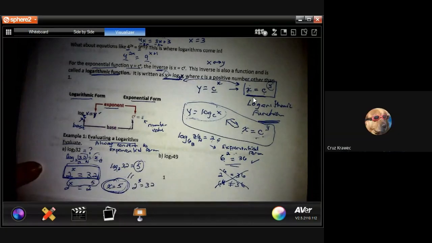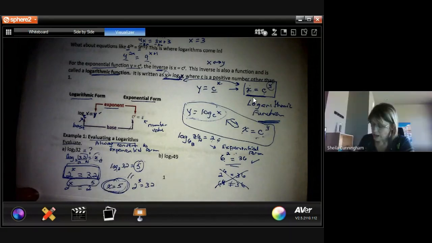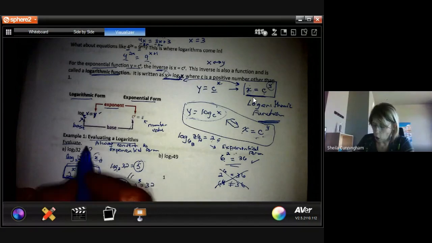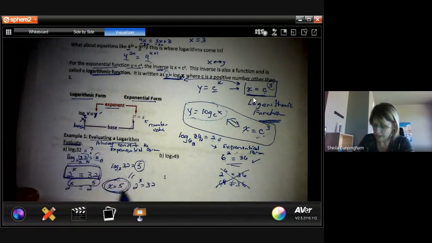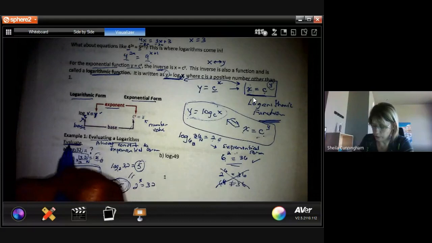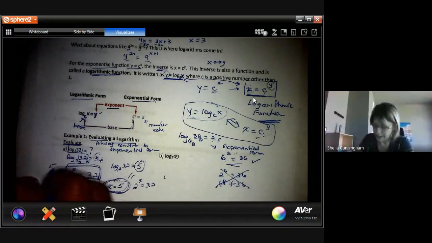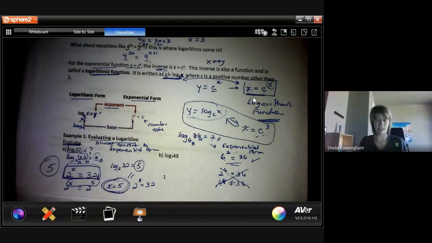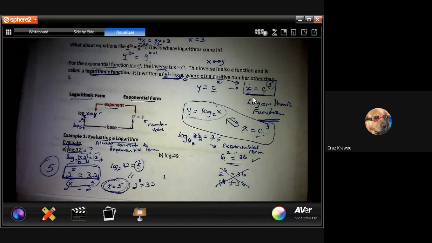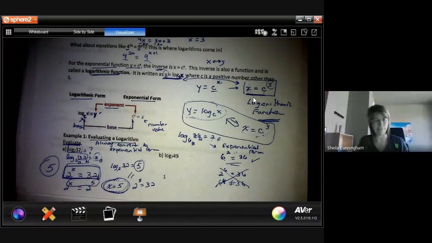Does that count, or do you prefer the log? If you're going to do this, it's fine that you recognize it that way. But ultimately, we're asked to evaluate. I need to know what the log base 2 of 32 is. Ultimately, I need to see 5 as my final answer, right? Okay, that makes sense.